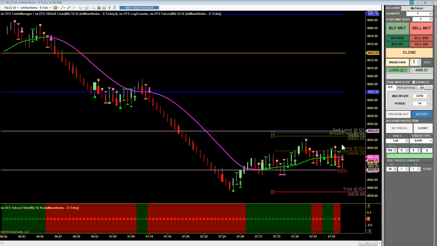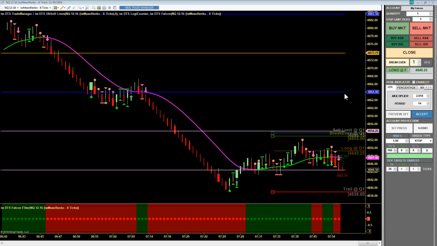If we see this 48.50 area fail, in other words, if the market continues to trade through there, I'm very confident we'll get our first profit target, and we might even see a retrace here to the 48.64 area.